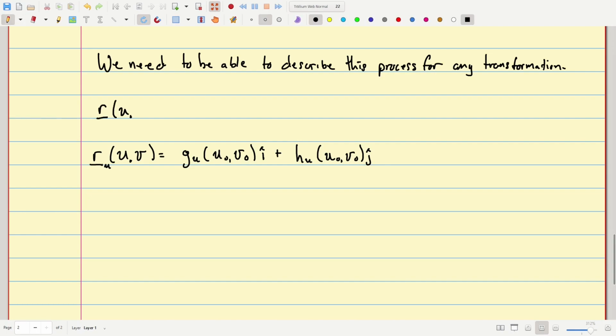So if we have a parameterization of a surface given to us by the component functions g and h of u and v, okay, so this is the parameterization of a surface.